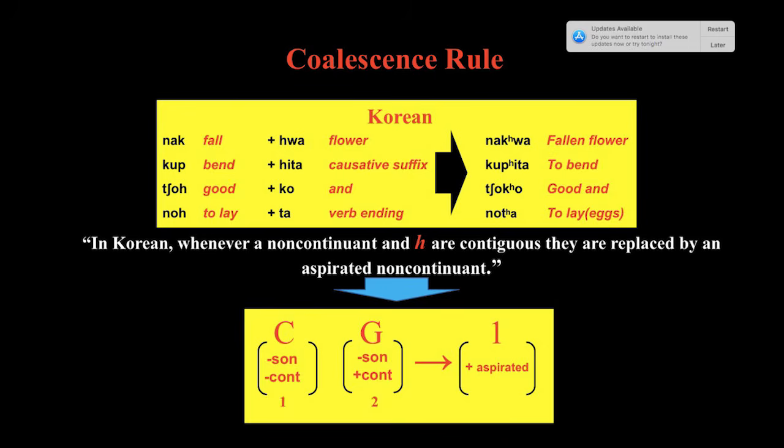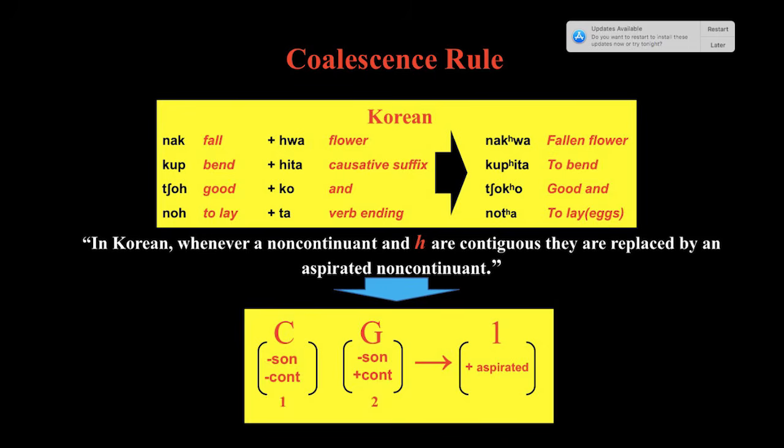Same thing for cha plus ko: h plus k are replaced by an aspirated k. The same case for na plus ta: the h sound plus the t sound are replaced by an aspirated t sound. So in the phonological rule statement, we say in Korean, whenever a continuant and the h are contiguous, are adjacent, they are replaced by an aspirated non-continuant.